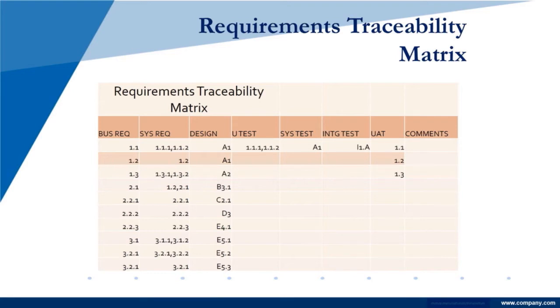Let me take a moment here so we're all on the same sheet of music. A business requirement is from a business perspective. Usually it's in business language. So for instance, you might have a business requirement that the full name of the user must be displayed on a screen.